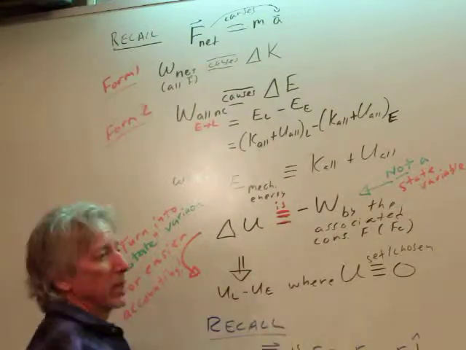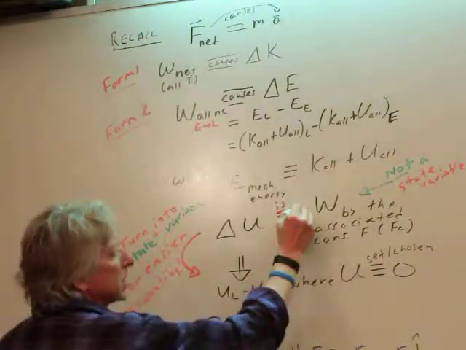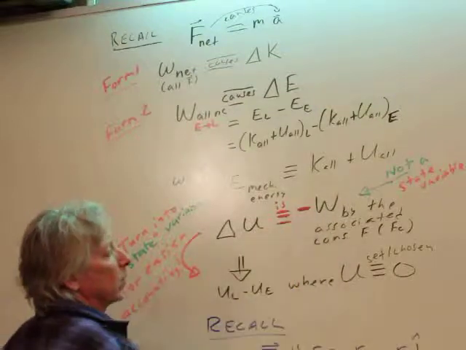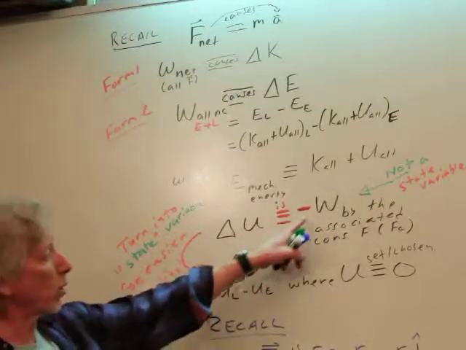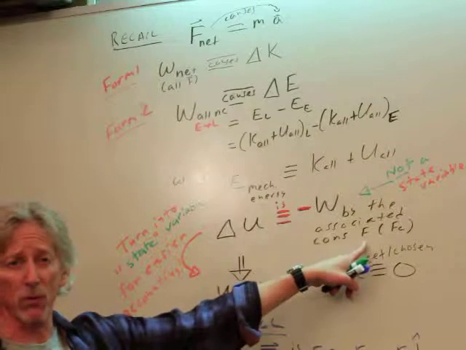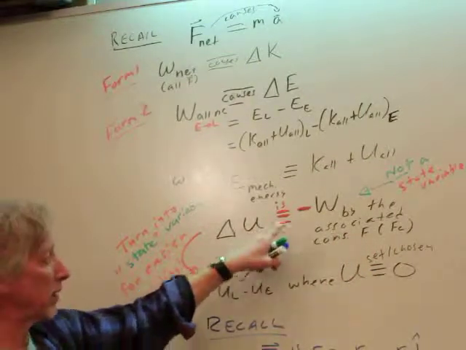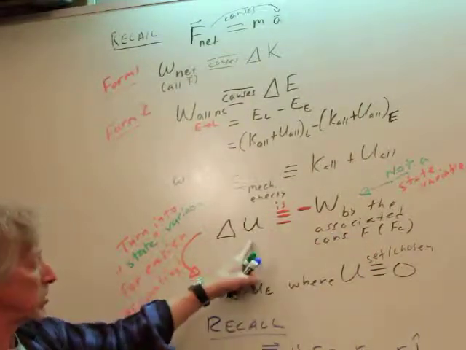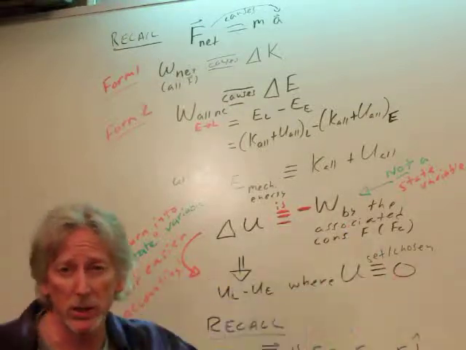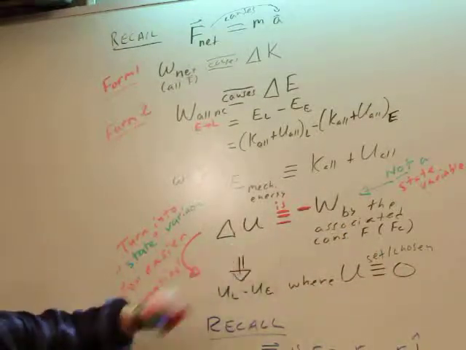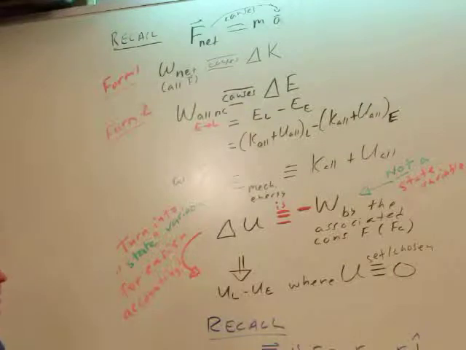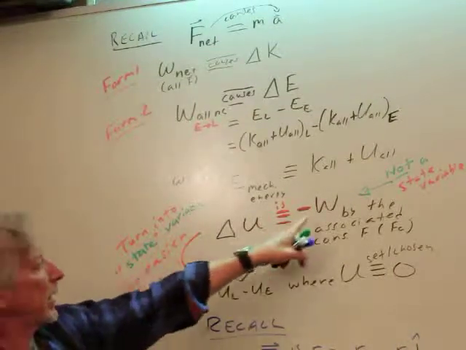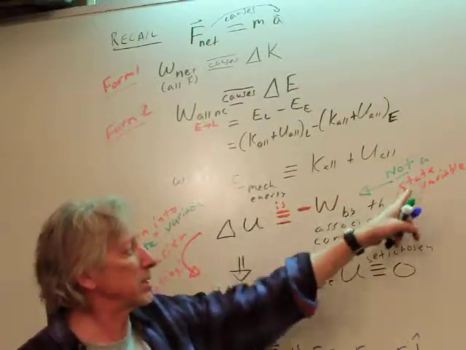It's the work done by that force. And it is the negative, and we'll explore that, of the work done by the associated conservative force. That is, the change in potential energy of gravity is the negative work by gravity. Change in potential energy of the spring is the negative work by the ideal spring. Atomic, etc. Okay, cool.